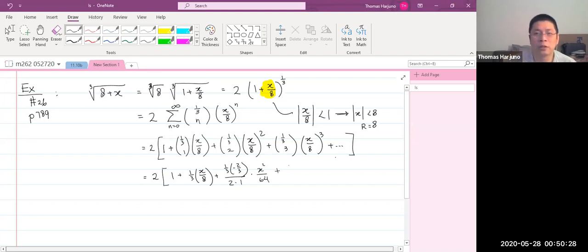And this is 1/3 times -2/3 minus 1, that will be -5/3 over 2 times 2, 1 times x cubed over 8 cubed.